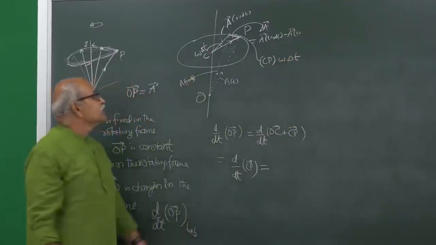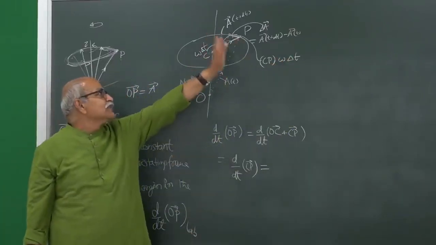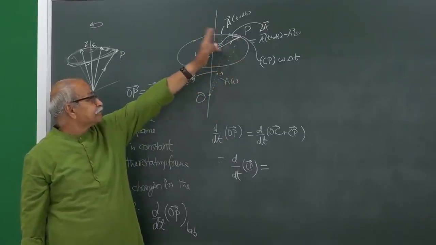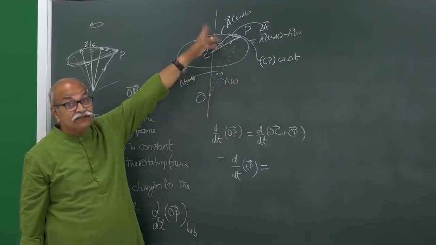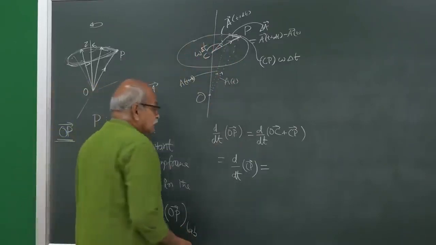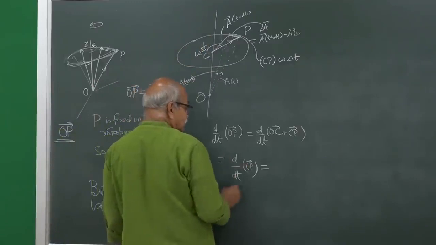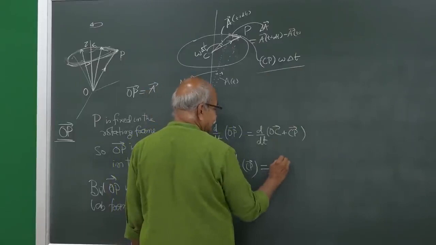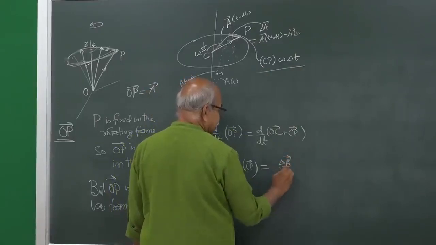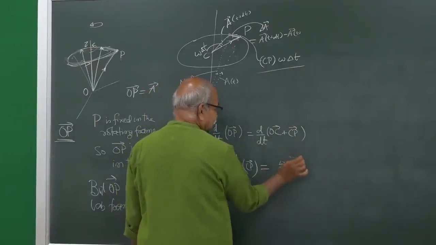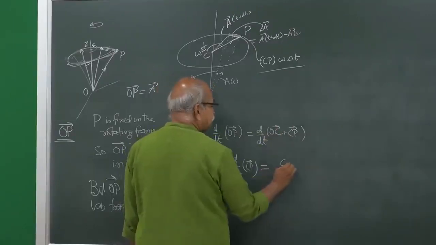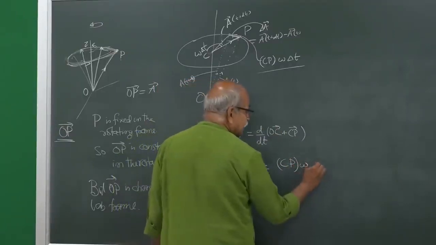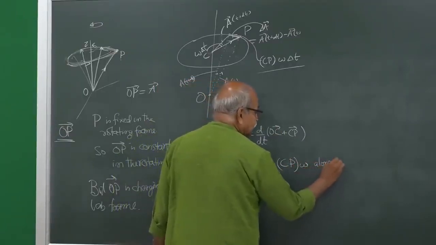This is the length of delta A, and its direction is along the tangent, along the velocity. So d/dt of that, delta A by delta t, is equal to CP times omega in magnitude, and along the tangent.